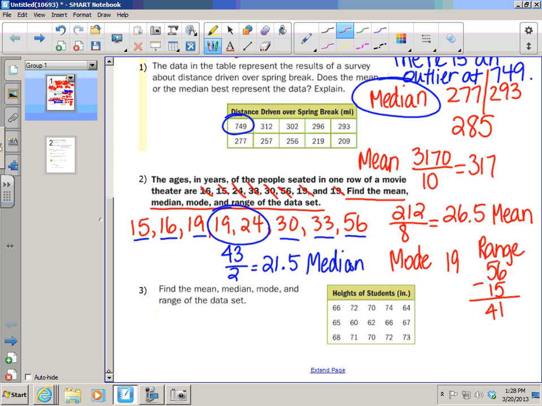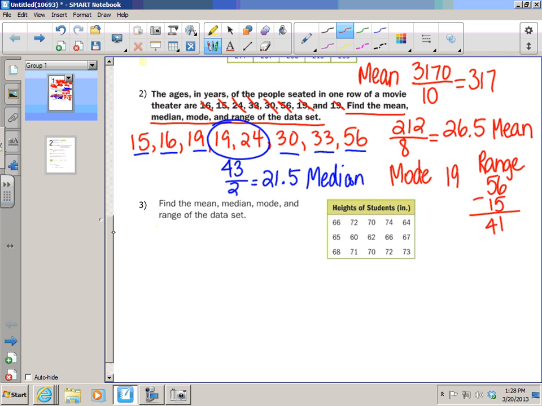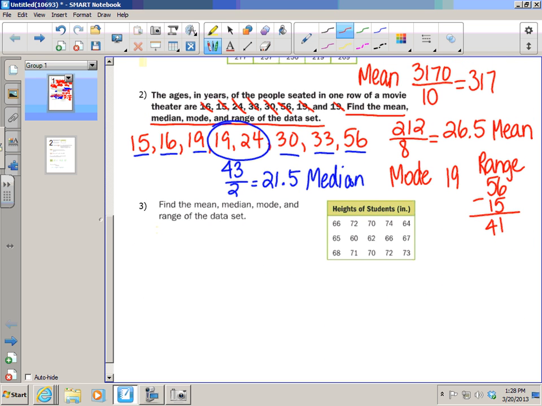And it looks like we're going to do this one more time for question number 3. Find the mean, median, mode, and range of the data set. All the numbers are here in this box. So I am starting with the smallest, which appears to be 60.